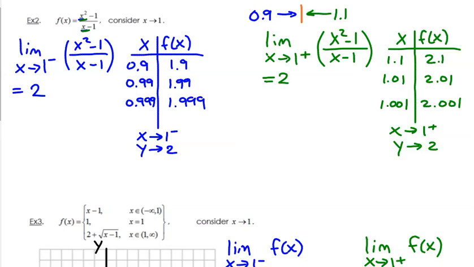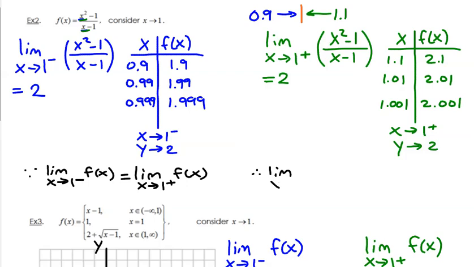Now that you've tested the left and the right-hand side, and they're both the same, you can say, since the limit as x approaches 1 from the left of f of x is equal to the limit as x approaches 1 from the right of f of x, therefore, the limit as x approaches 1 of f of x from either side exists.